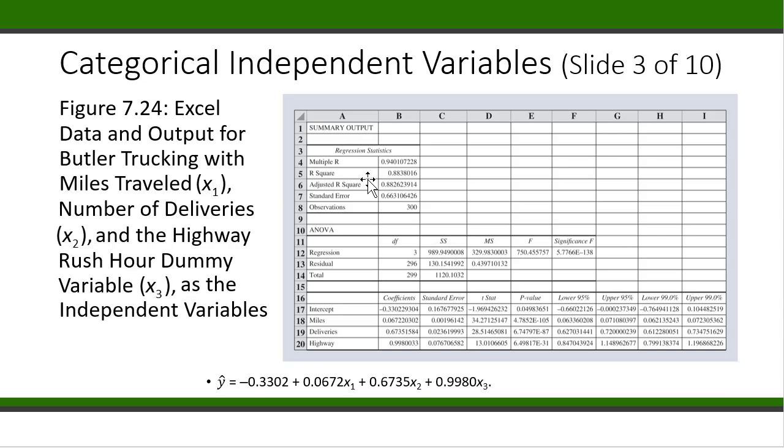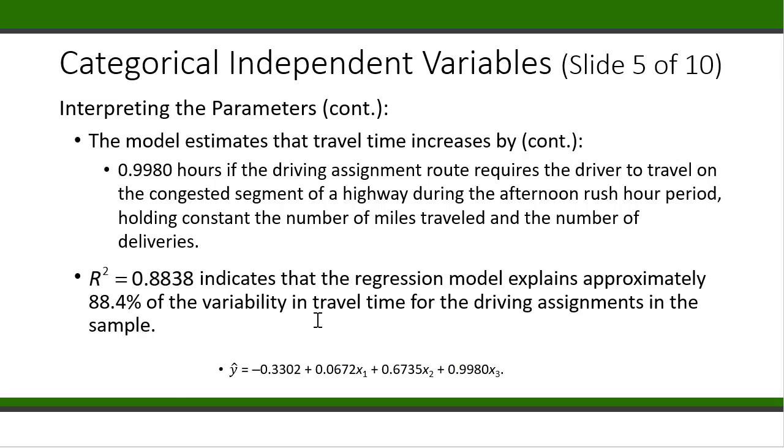If we go back here, we can see that our R squared is 0.883. Indicates the regression model explains approximately 88.4% of the variability in travel time. And so if we were to take this out, you can see that it explains less. So putting it in means that it's a good thing.